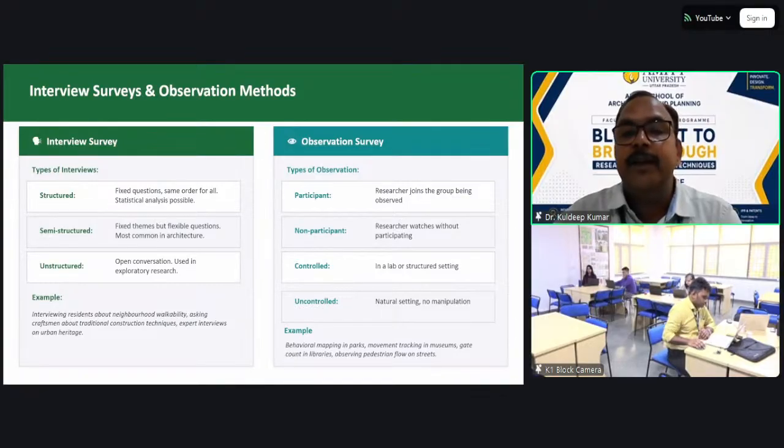Behavioral mapping in public spaces is one example. This can also include tracking pedestrian movement in retail complexes. Observing queue behavior in a transport hub can also be an example, etc.